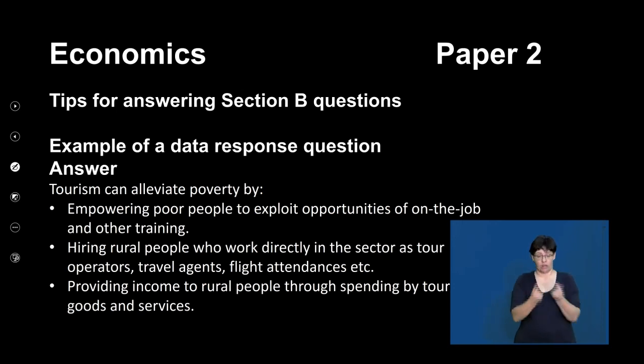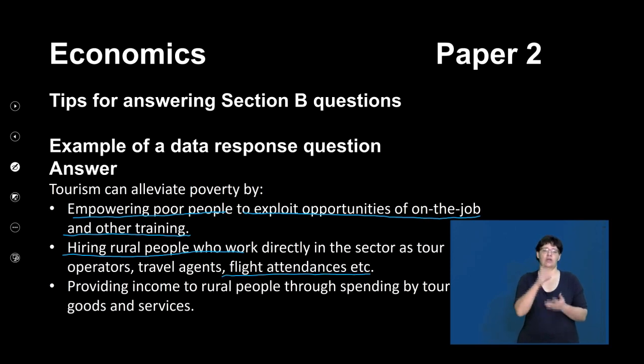Tourism can alleviate poverty by empowering poor people to exploit opportunities for on-the-job and other types of training. Number 2, hiring rural people who work directly in the sector as tour operators, travel agents, and flight attendants.